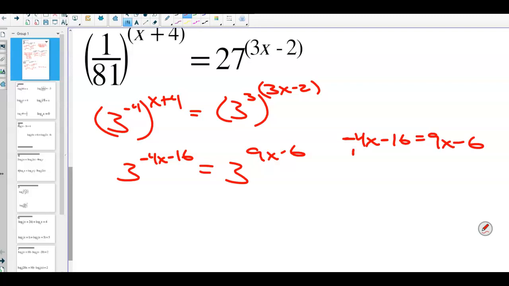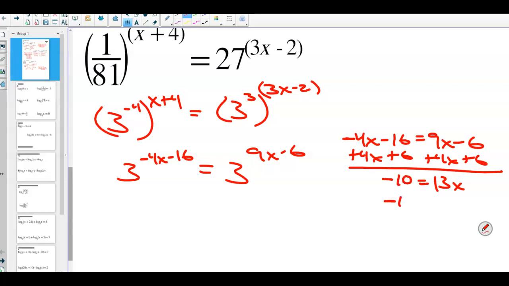We add 4x to both sides. We add 6 to both sides. On this side is 13x. Negative 16 and 6 is a negative 10. Negative 10 over 13 is my x.